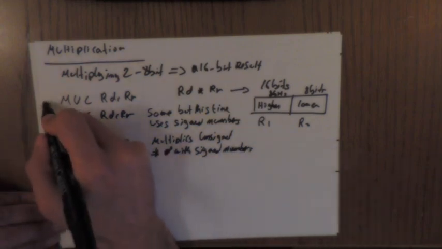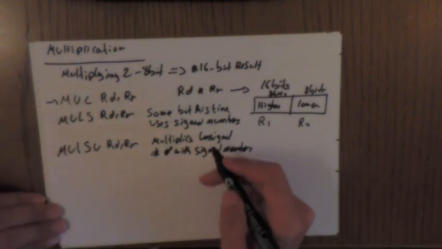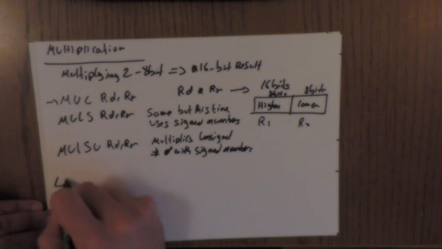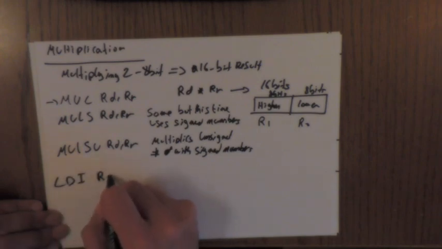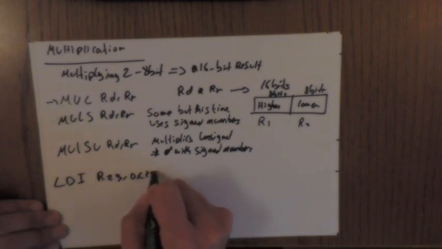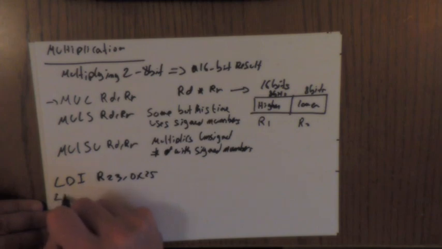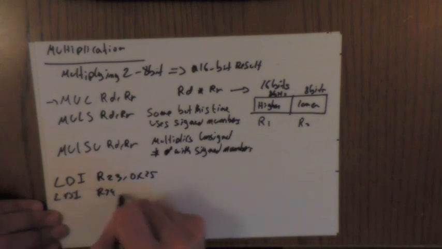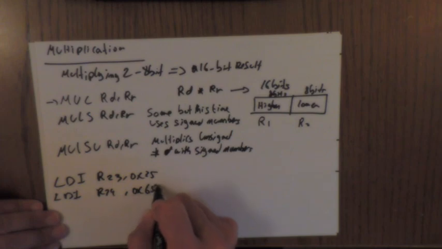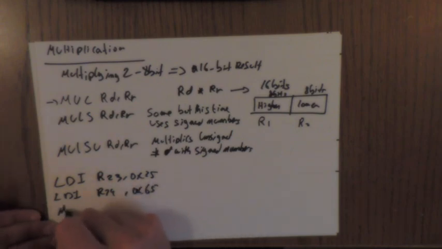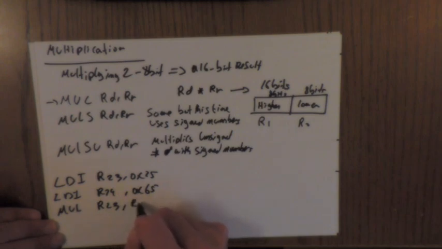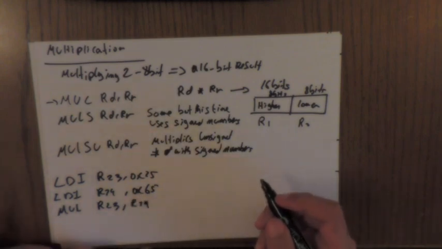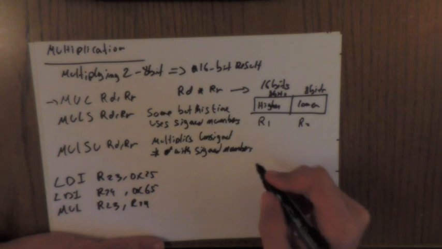Okay, I'm going to go over MUL Rd, Rr. Let's say we have a small program like LDI R23, 0x25; LDI R24, 0x65; and then MUL R23, R24. We don't really care about how the multiplication happens.